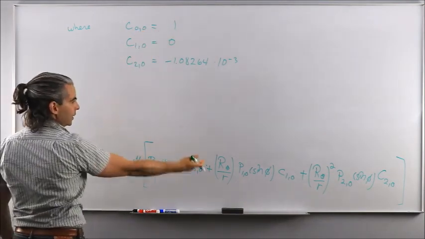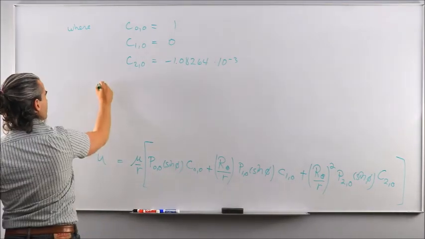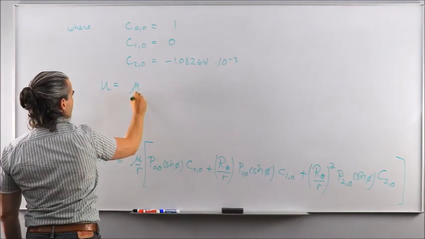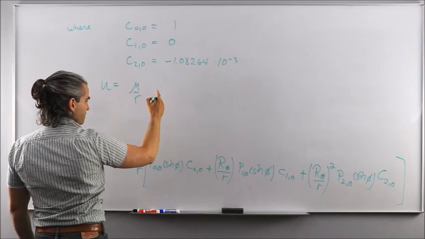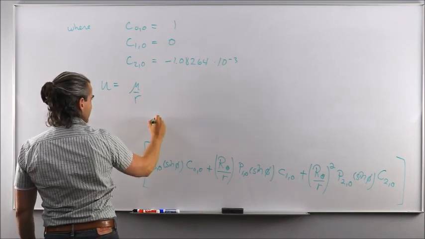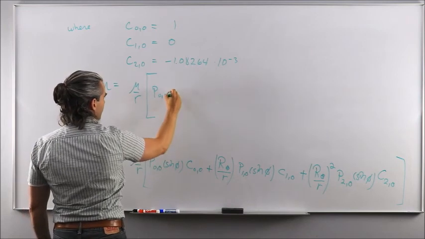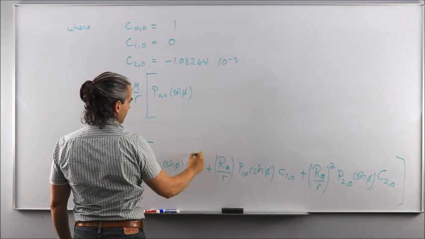Because this is what we need in this expression here for our geopotential function u. So let's plug this back here to get mu over r. Let's leave the Legendre coefficients as they are now. This function of sine phi: C0,0, good news.